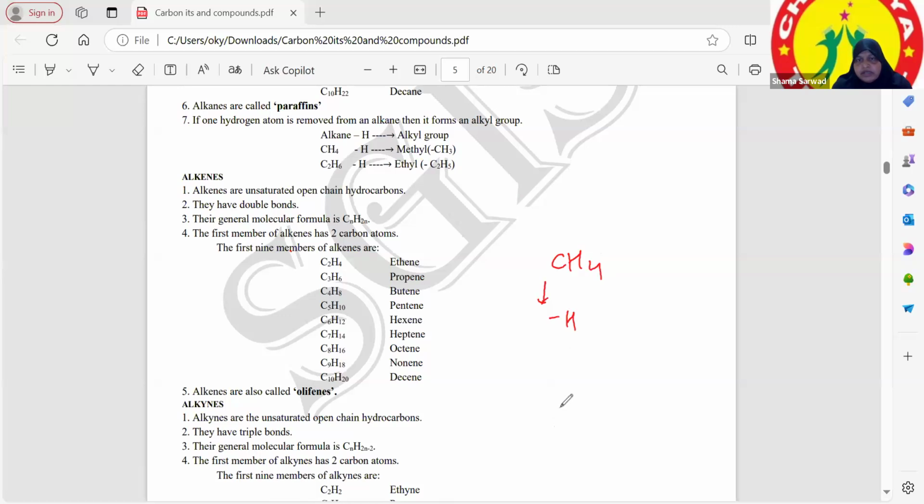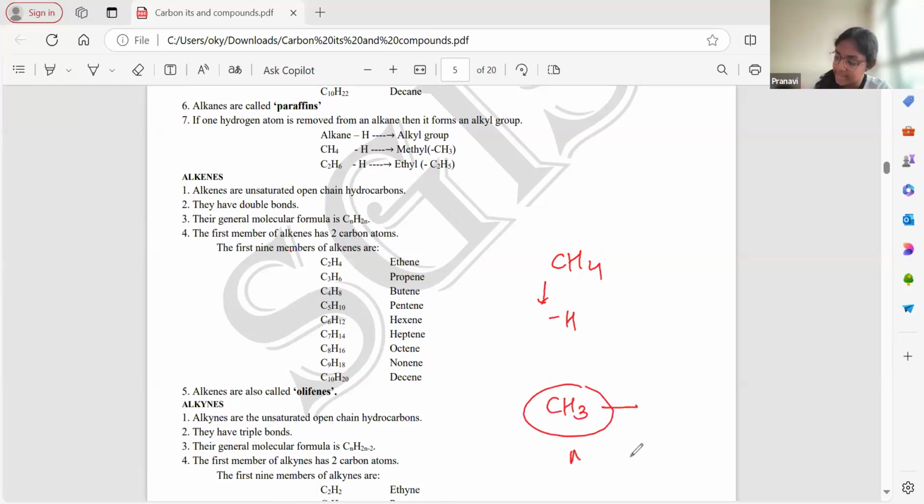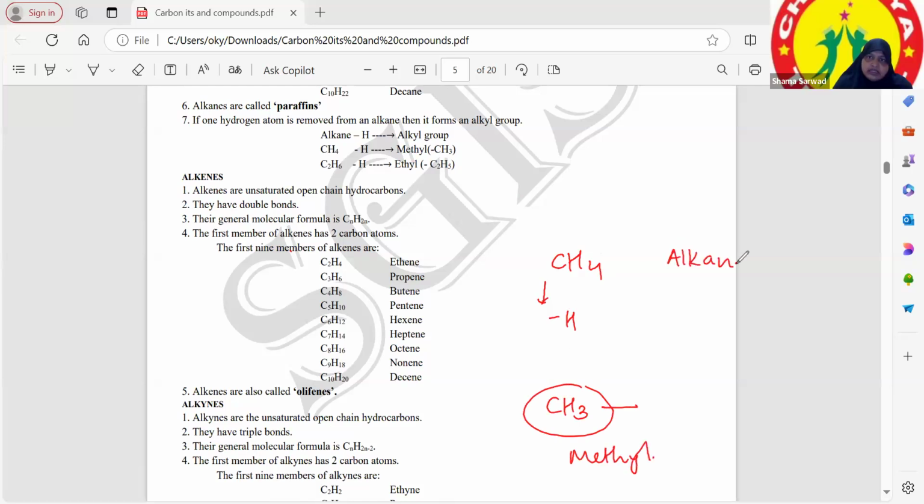It will convert into CH3. And this CH3 is what? Methyl. That's alkyl, methyl. Alkane, methane, lost its one hydrogen, minus H, it converts into alkyl. Same for all the alkanes. Methane can be converted into methyl, ethane can be converted into ethyl, propane can be converted into propyl in the same way.